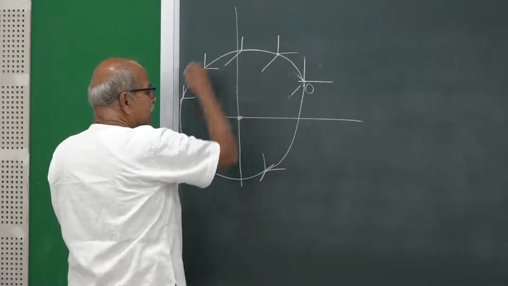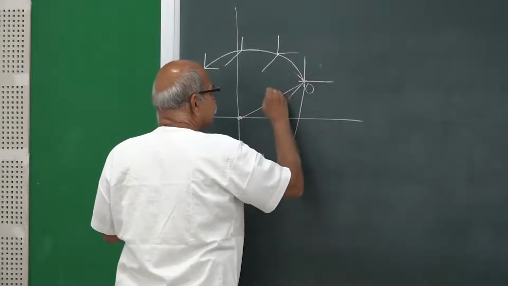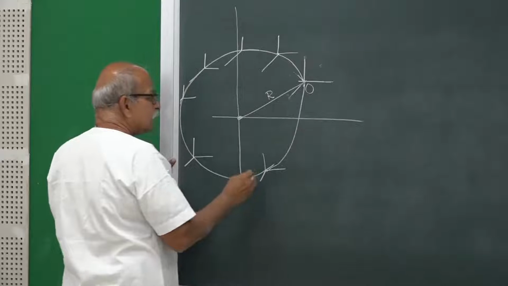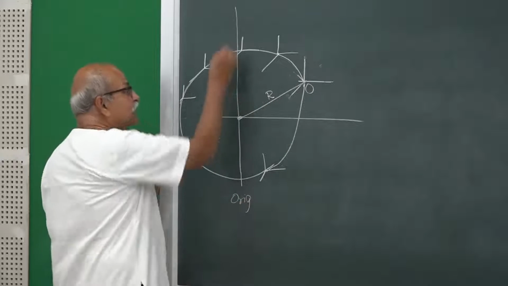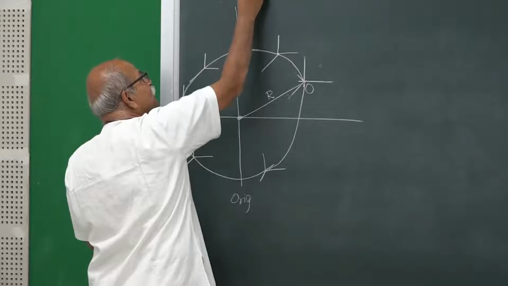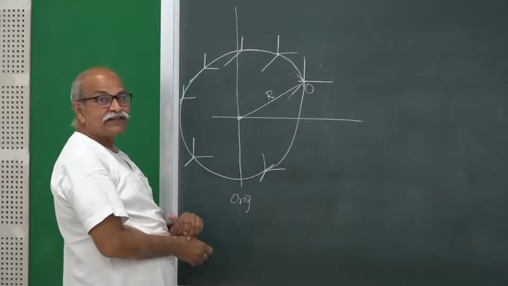If it is going with an angular velocity omega, and if this radius is r, and this origin is going, it is not a rotation. So, I will not write this kind of symbol. This is not a rotational motion, right.